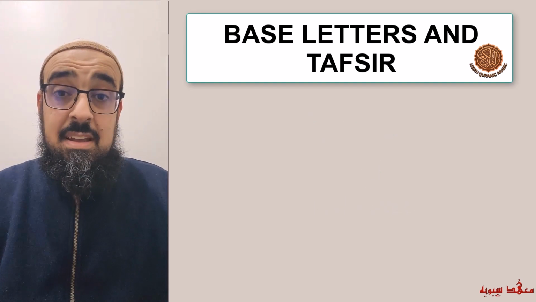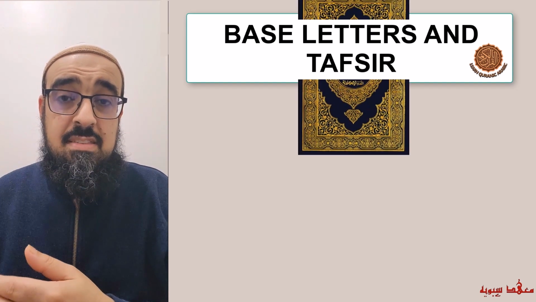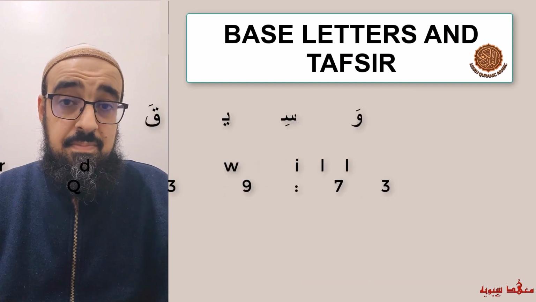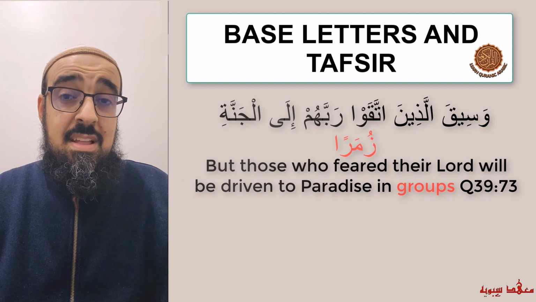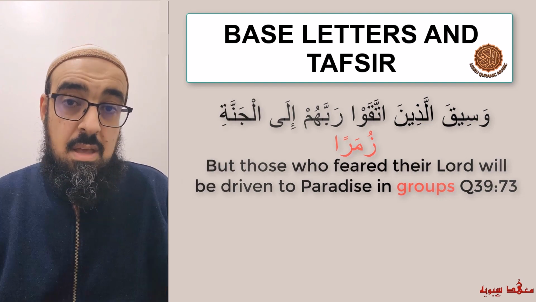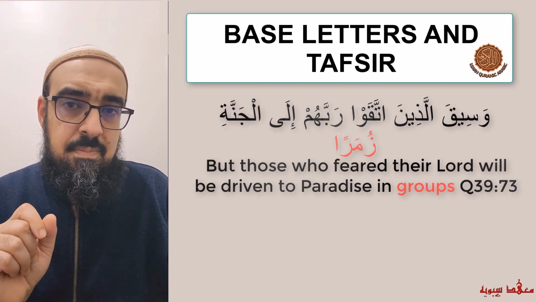Okay, now I want to take this knowledge a bit further into understanding the Quran. Look at, for example, Surah Zumar. Allah subhanahu wa ta'ala uses that word, Zumar, twice in the surah. So what's specific about the word Zumar?